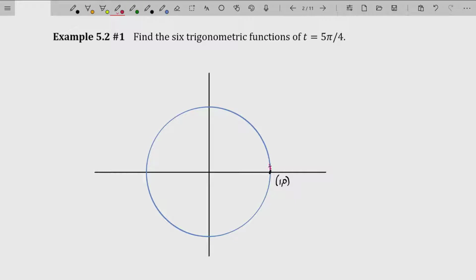So I'll start moving in the counterclockwise direction. We also know that the circumference of the entire unit circle is 2 pi. So halfway around the unit circle would be 1 pi, so all the way over to here would be an arc length of 1 pi.